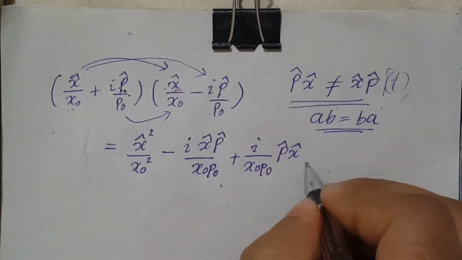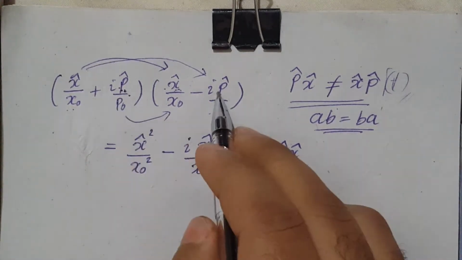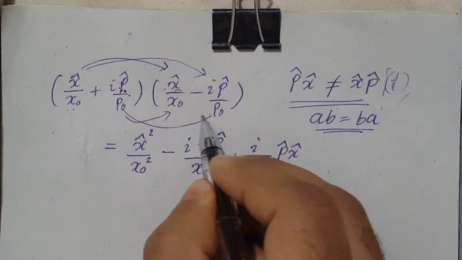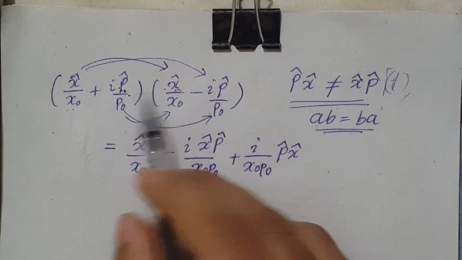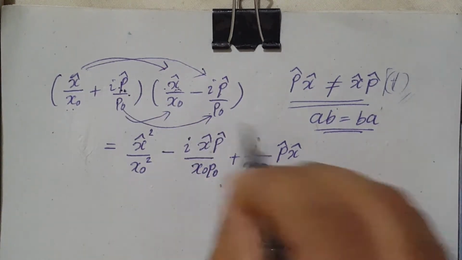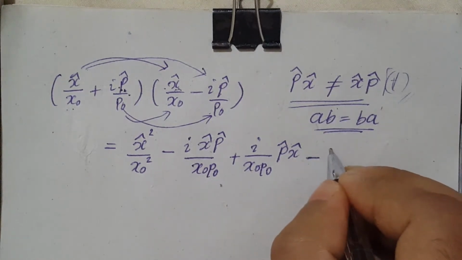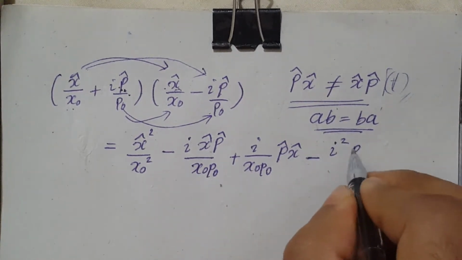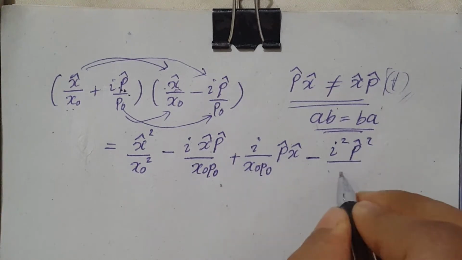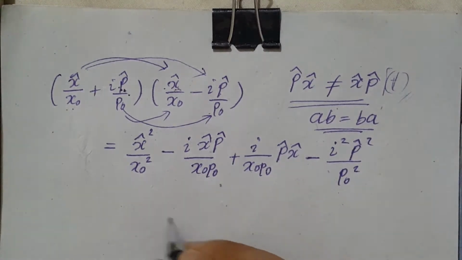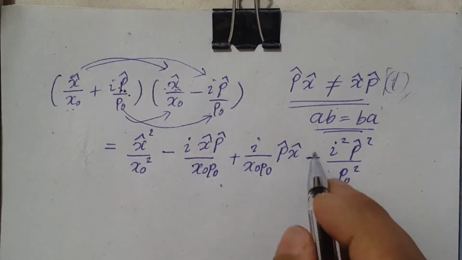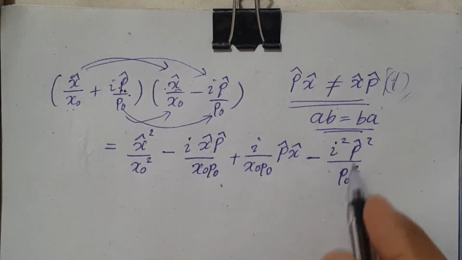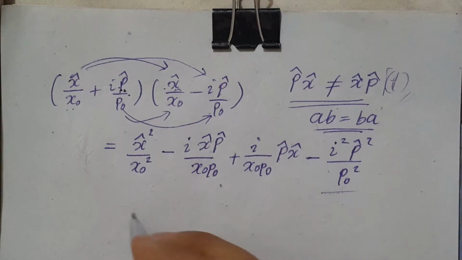Now what will be the final term? In the final term you have i into i, so i squared. There is a negative sign, then i squared, then p cap squared divided by p naught squared. Now what is i square? i square is minus 1, so this will get cancelled and become plus. Now let me take this last term near to this.